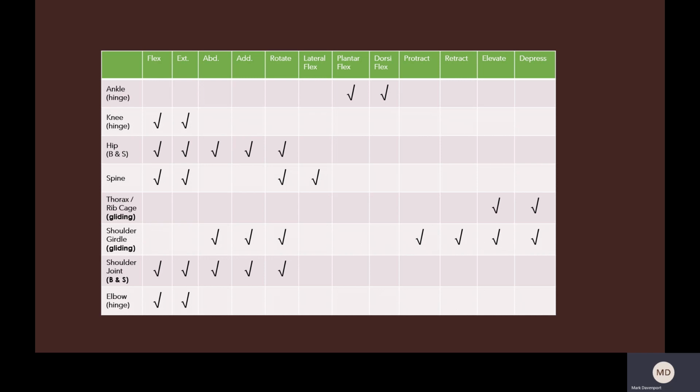All these movements will be on the online learning, so you can see actual videos of that occurring. It tells you down this side each joint and what movement can occur at those joints. So it's quite a handy chart to keep close.